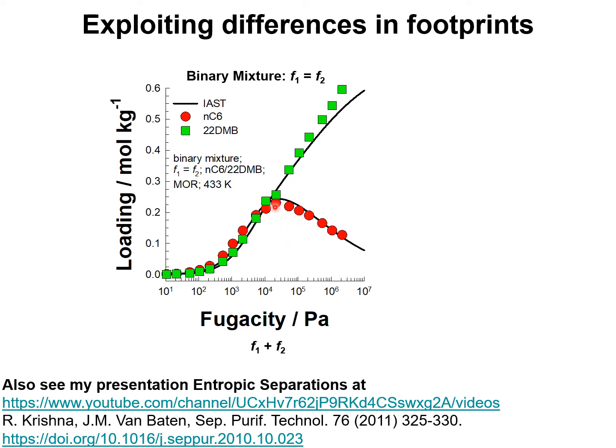So the reason that mixture adsorption favors the dibranched isomer is ascribable to entropy effects that favor the component that has the higher packing efficiency.